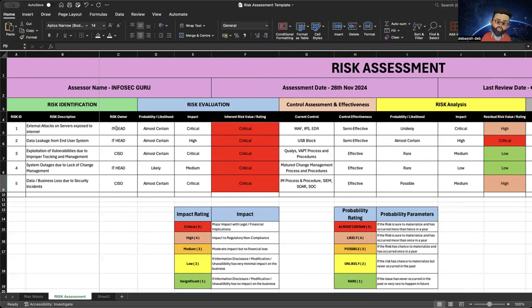This needs brainstorming, this needs inputs from all the business owners and business process owners and senior management also, okay? So this is a very high level activity which includes multiple stakeholders, okay? So I think I am clear till now.